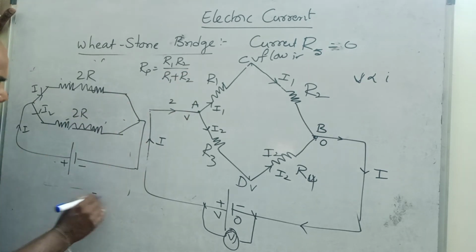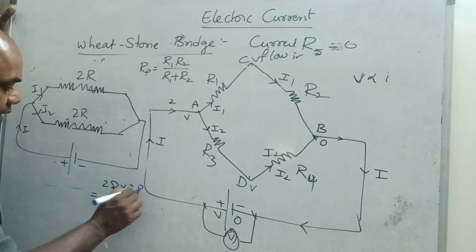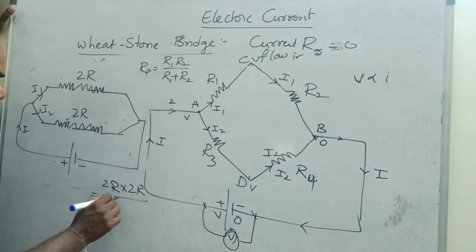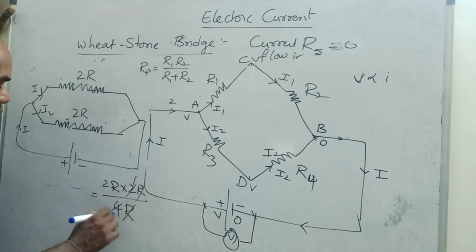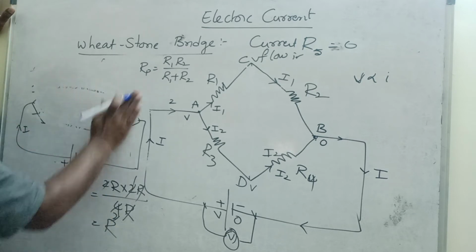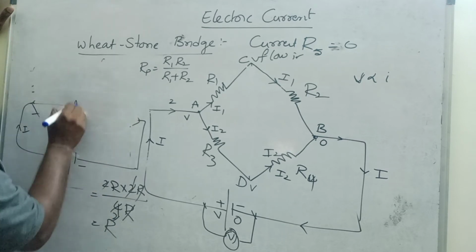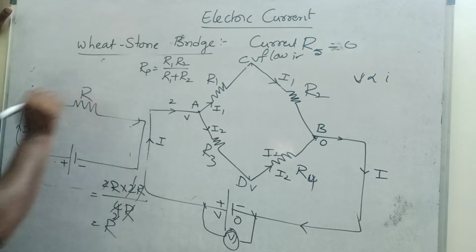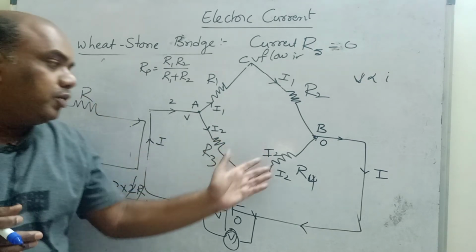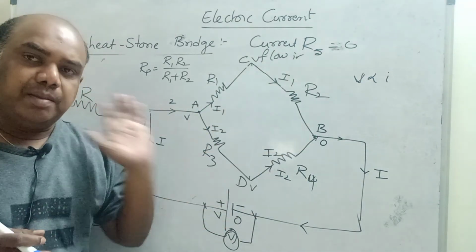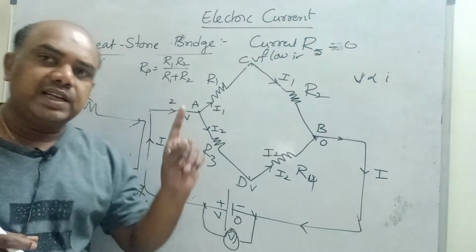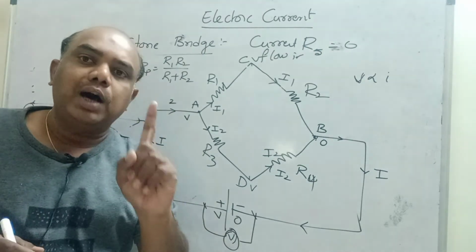So, apply here: R1 is 2R, R2 is 2R, divided by R1 plus R2, 4R. R, R cancel, 2 ones, 2 twos, R is the answer. That means the total circuit can be rewritten as a single resistance R. If you connect all the same resistors in this Wheatstone bridge, in a balanced condition, the total value is equal to R only.